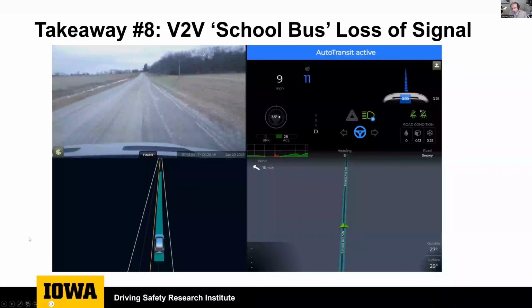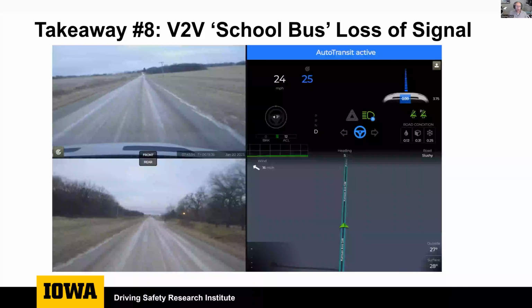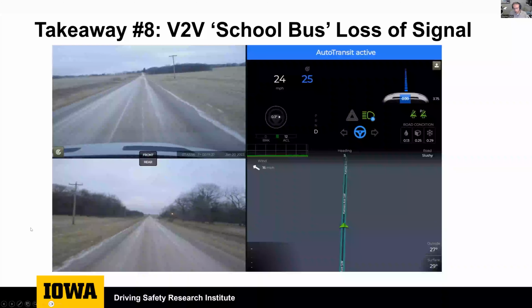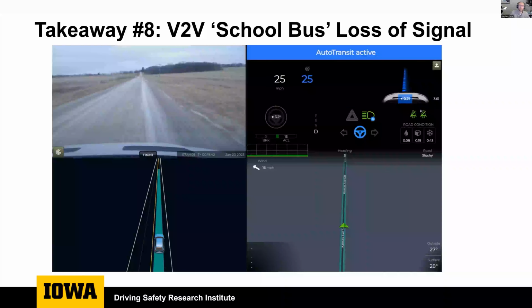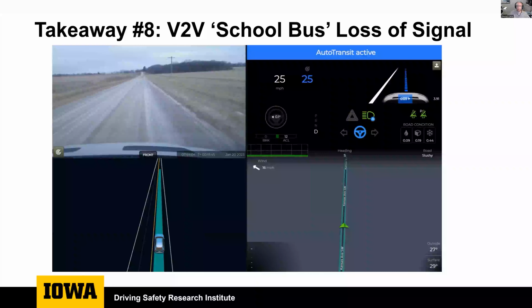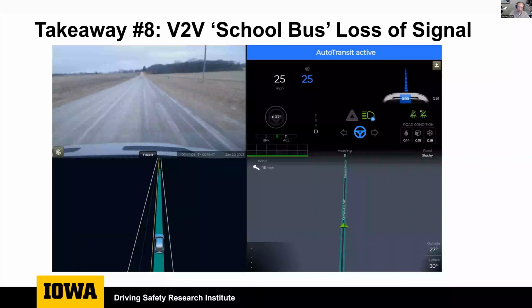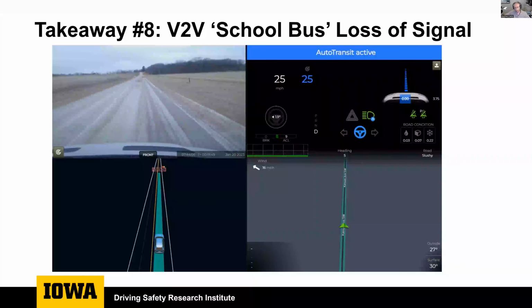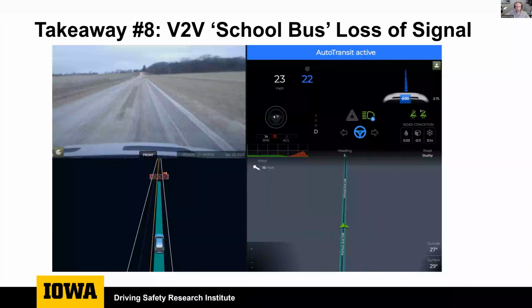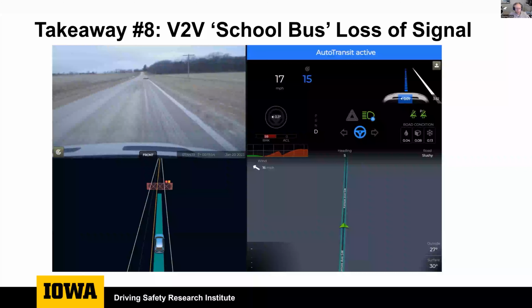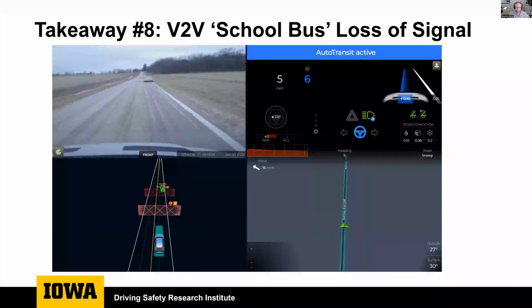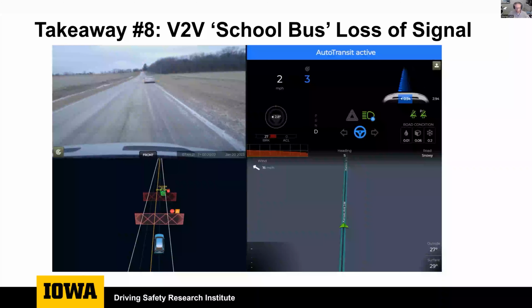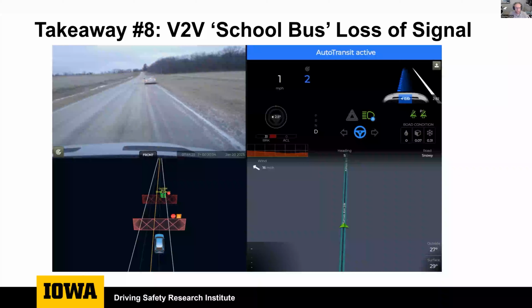But again, it was one of those situations where when the system worked, it worked as planned. But because of some of the limitations of these really rural areas, the cellular signal for doing a V2V system with cellular technologies doesn't necessarily always work, and as you can see here, not working leads to either stalled traffic or would require the use of the safety driver to manually get through.